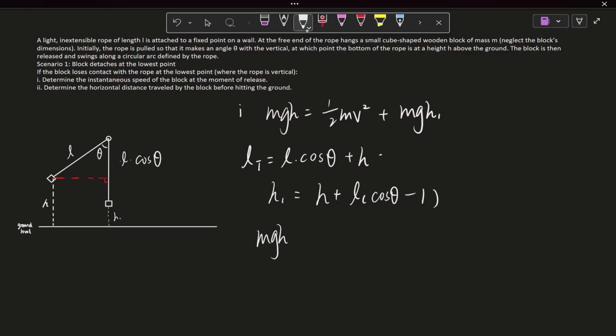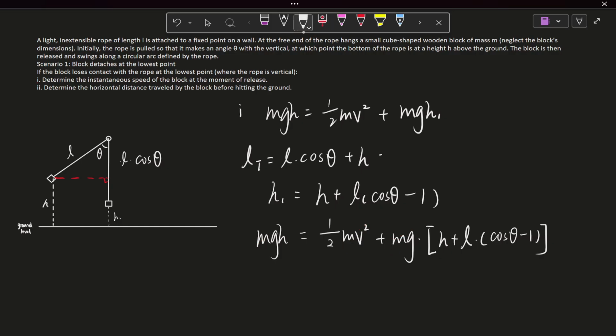mgh is equal to 1/2 mv squared plus mg times [h plus L times (cosine theta minus 1)]. And m can easily be cancelled out, right? We're trying to find v, so we put v on one side of the equation and every other thing on the other side.